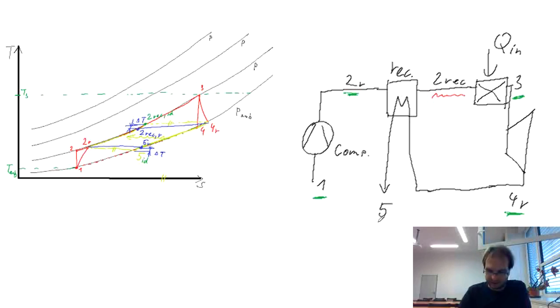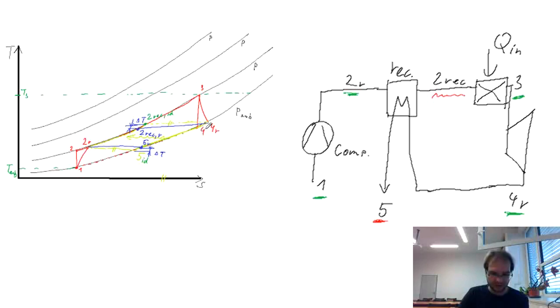And after the heat exchanger, when the flue gas passes through it, we will get the point number 5. So we have these two unknown points, where if we neglect any pressure drop, the pressure will stay the same, and the unknown is just the temperature.